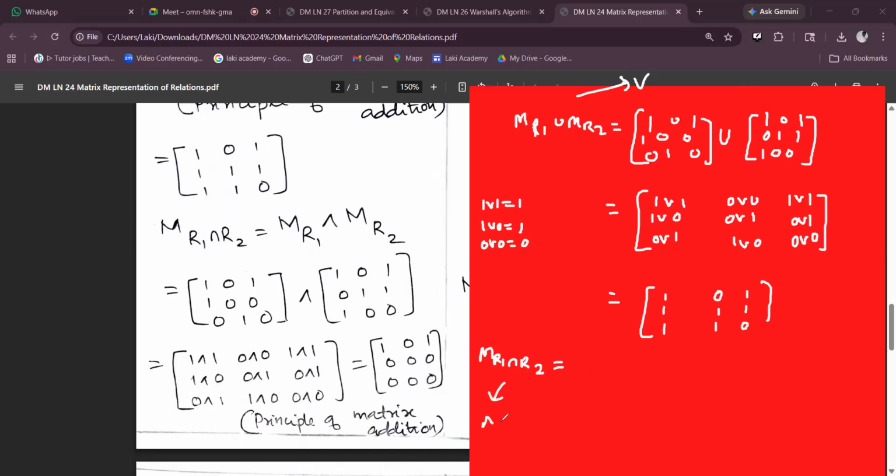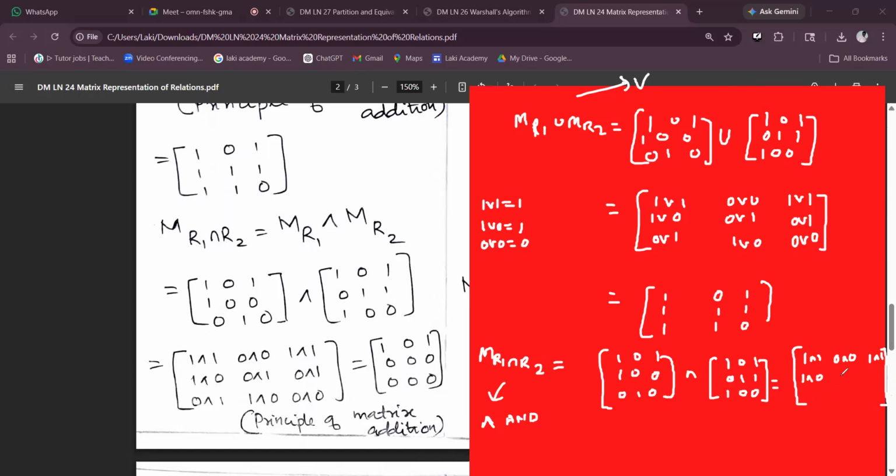For intersection, take AND. This is your answer. Understood?